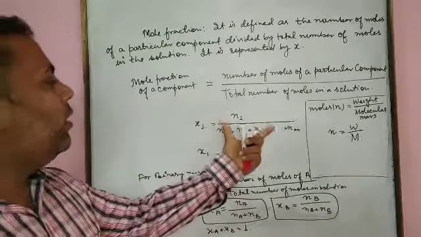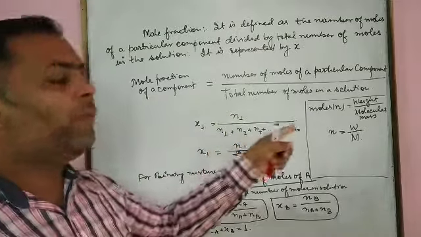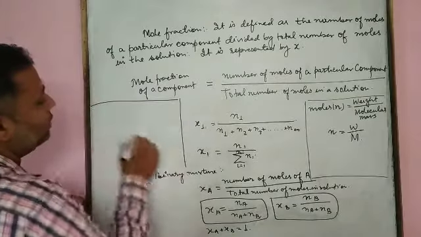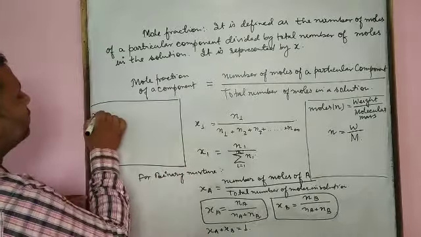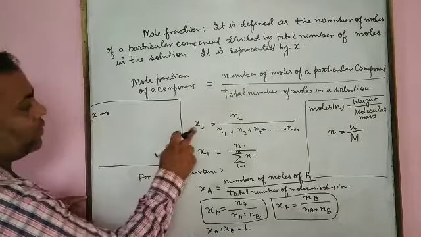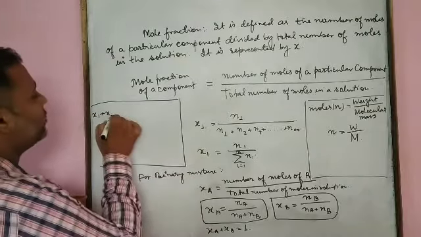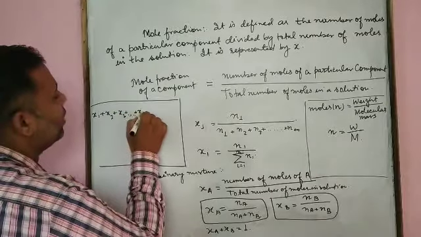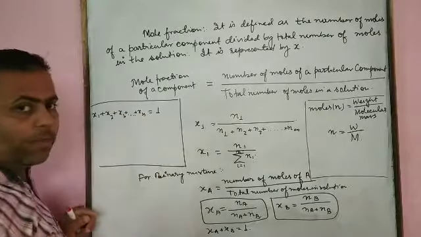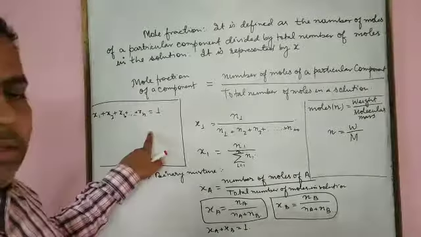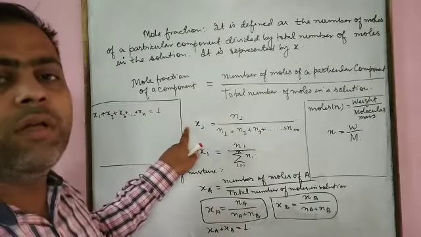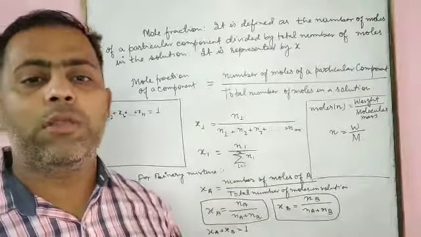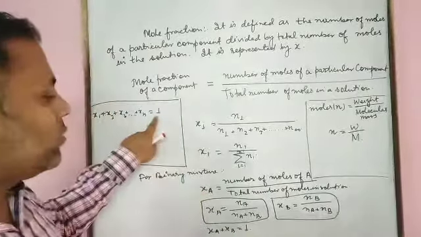If we have various components in the solution, then if we add x1 plus x2 plus x3 and so on, plus xn, it is equal to 1. It means if we add up the mole fractions of the different components in the solution, the sum is 1.